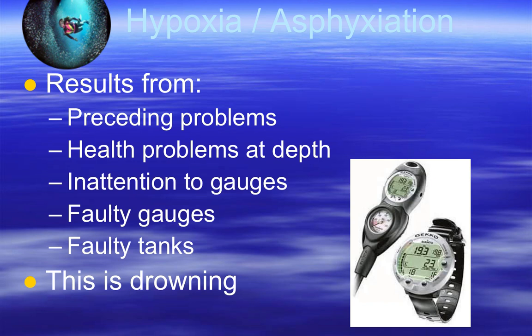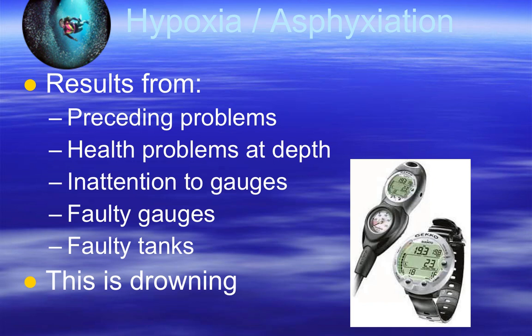You want to make sure that you don't have any health problems. You are not diving deeper than what you're trained for. That you have the proper gauges, your gauges are working and they're calibrated properly, that you're going to a reputable place to buy your gauges, and that you're getting your equipment serviced. Hypoxia and asphyxiation will lead to submersion and drowning.